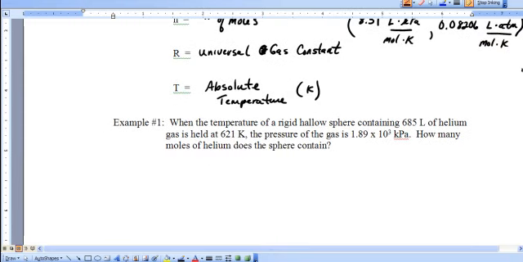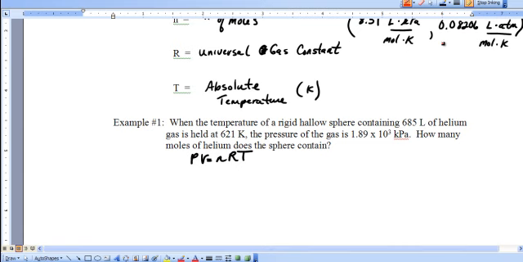It says, when the temperature of a rigid hollow sphere containing 685 liters of helium gas is held at 621 kelvins, the pressure of the gas is 1.89 times 10 to the third kilopascals. How many moles of helium does the sphere contain? So all you're going to do is start off with PV equals nRT. We'll go ahead and identify what we're looking for.